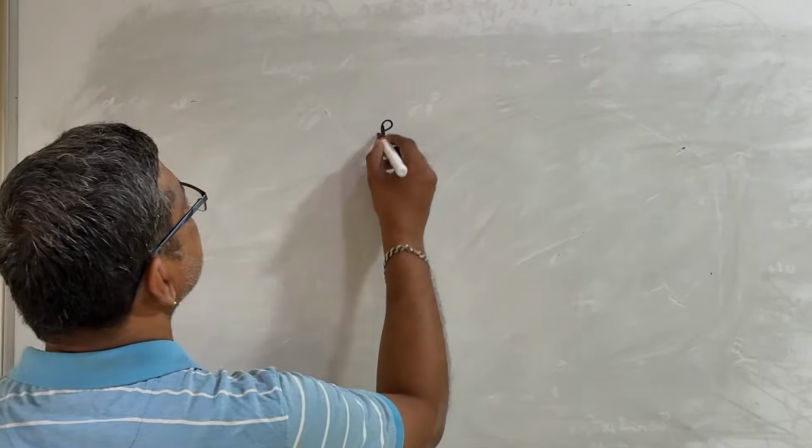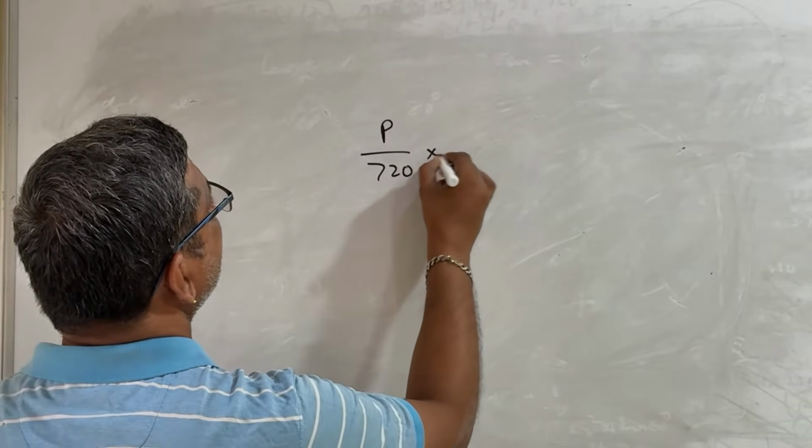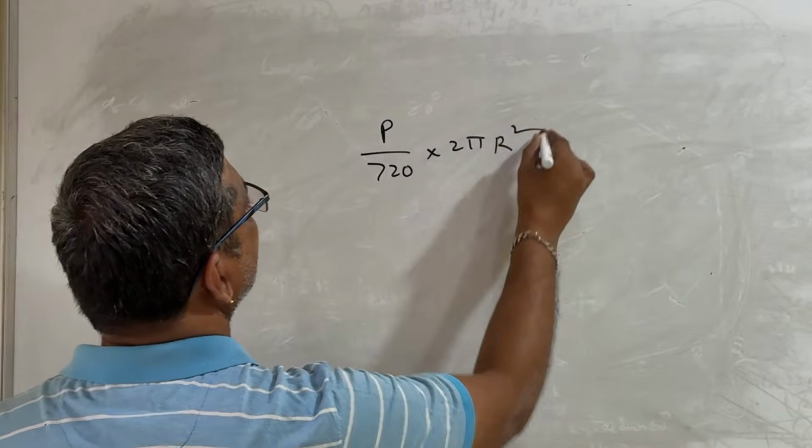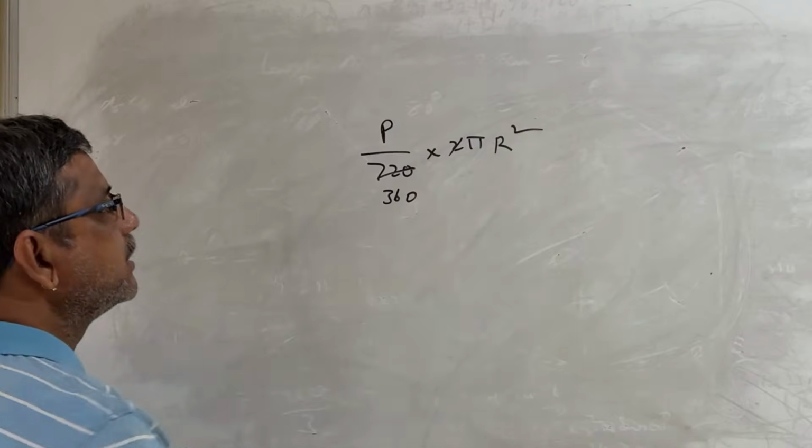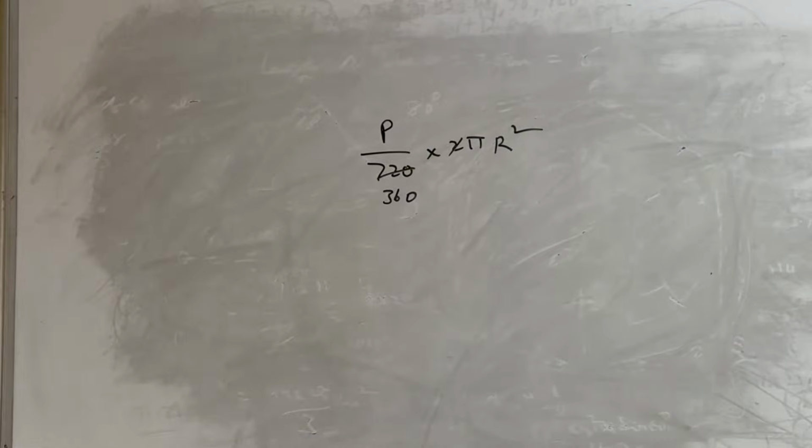What is given here? P by 720 into 2 pi capital R square, option D. The 2 gets cancelled, 720 becomes 360. P by 360 into pi R square.